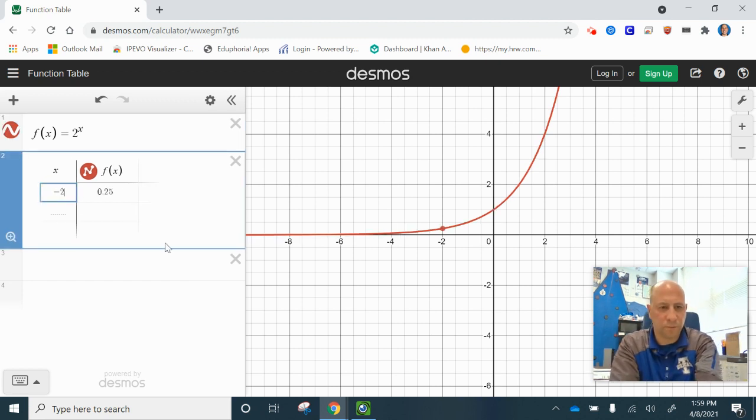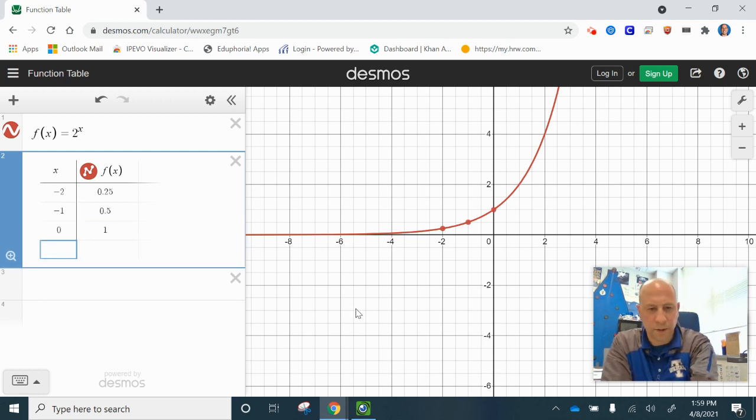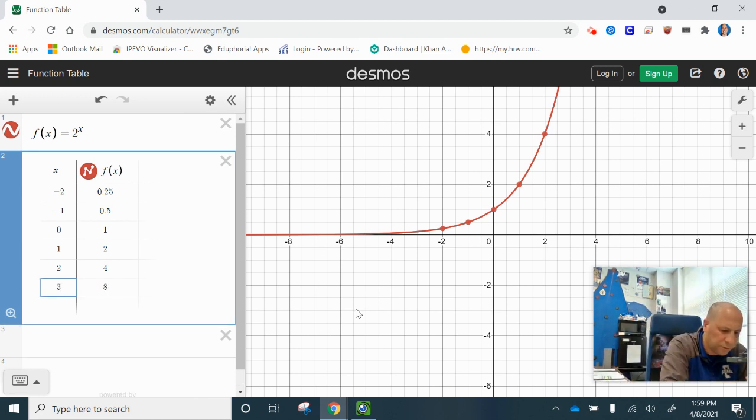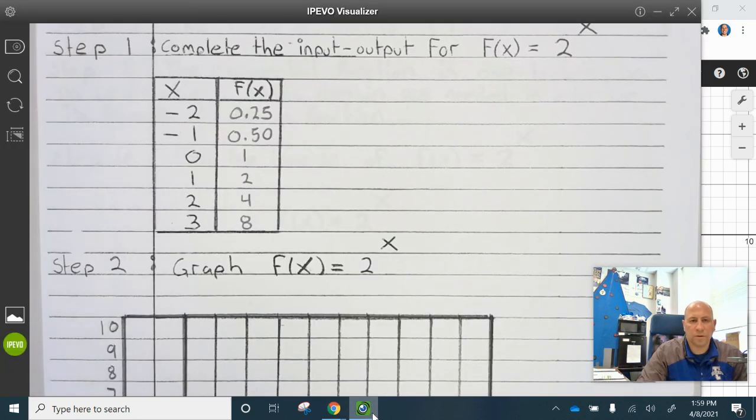So negative 2, negative 1, 0, 1, 2, 3. Okay, so our values are 0.25, 0.50, 1, 2, 4, 8. All right, so there's the table.